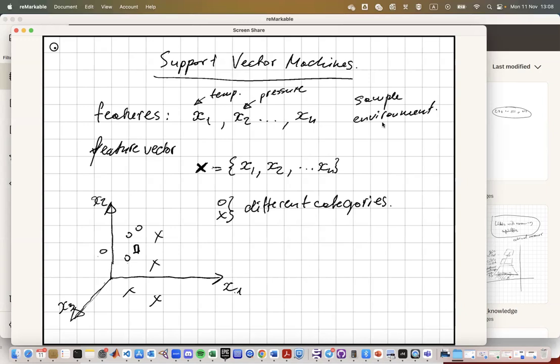From a given sample to some known points. Right? And decide to which category it belongs, depending on the distance.